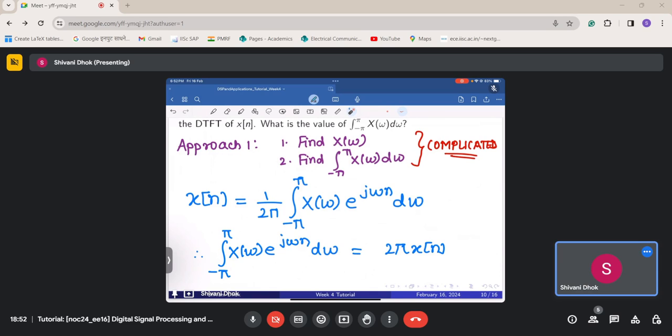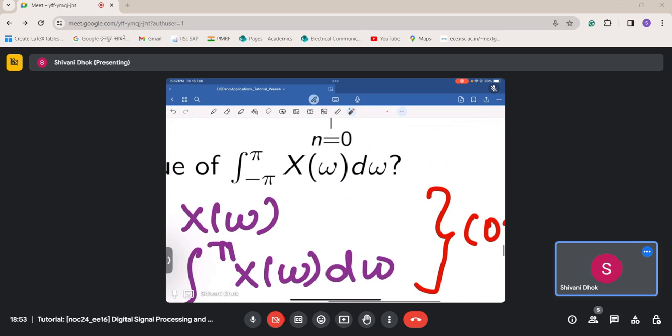This is one sequence. This x of n itself is one sequence. And when I am changing the value of n, I am changing the index of that sequence which I am referring to. The question says that I want to find this integral.